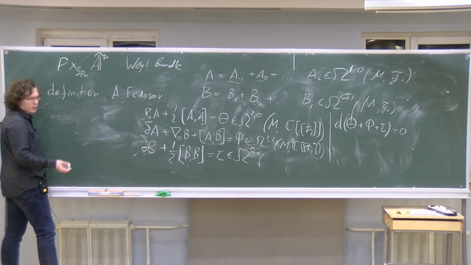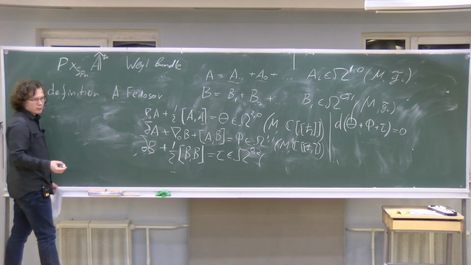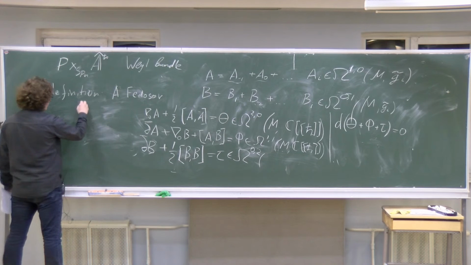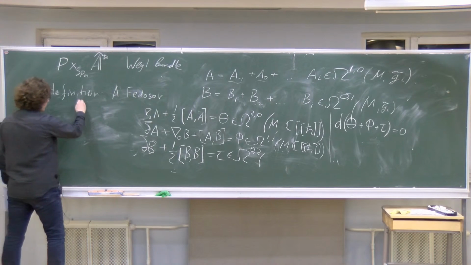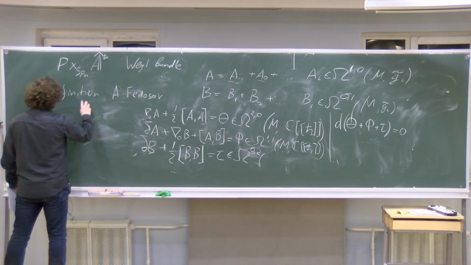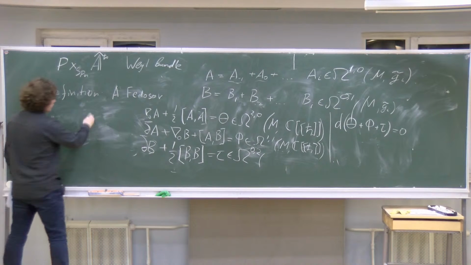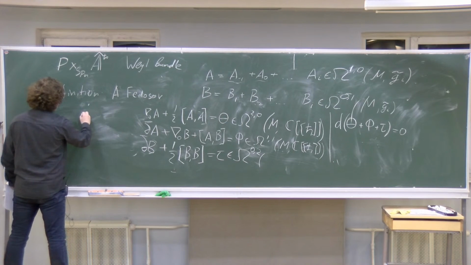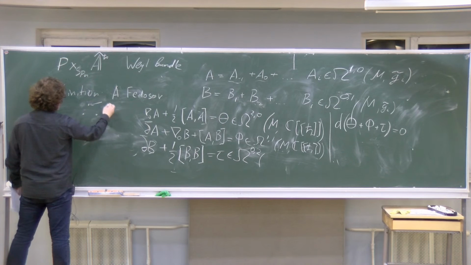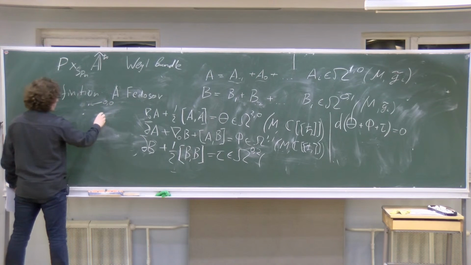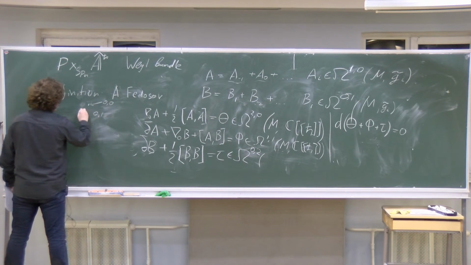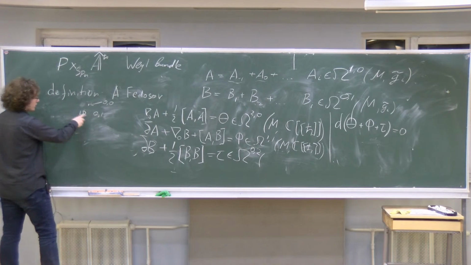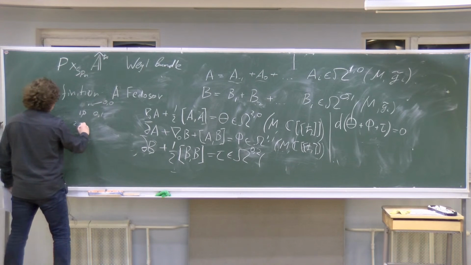In complex geometry, we may also think about some sort of rhombus. For example, here is type 0, 0. Here we have 0, 1. Here 1, 0, and so on.